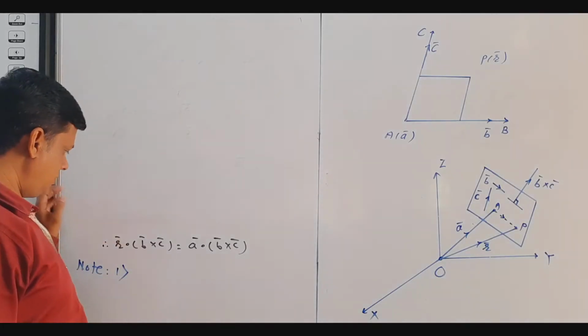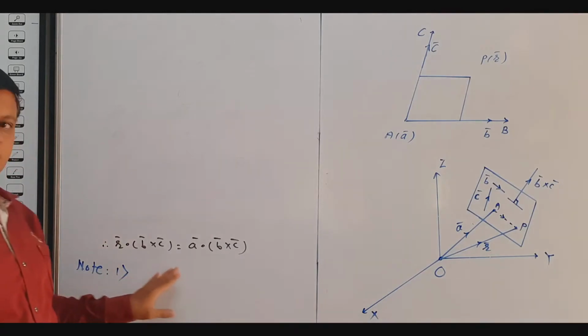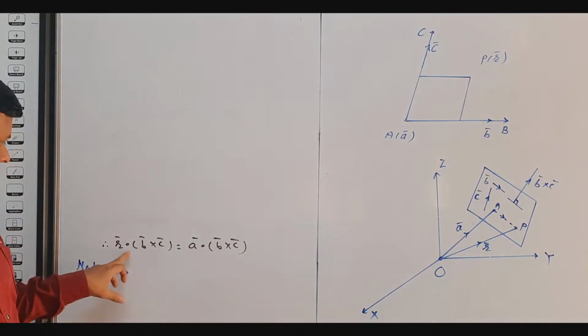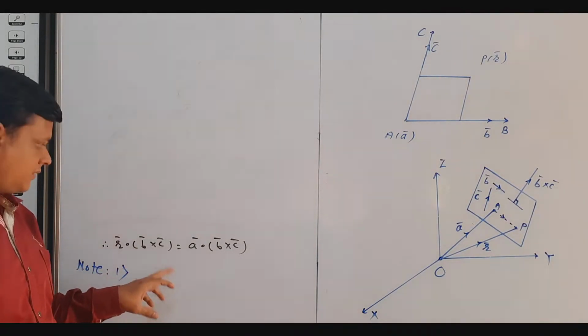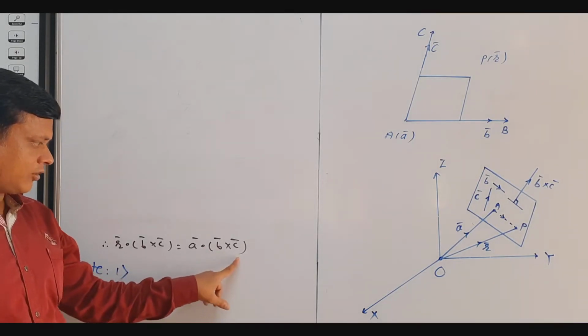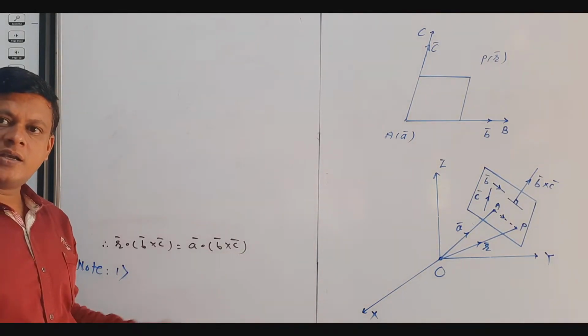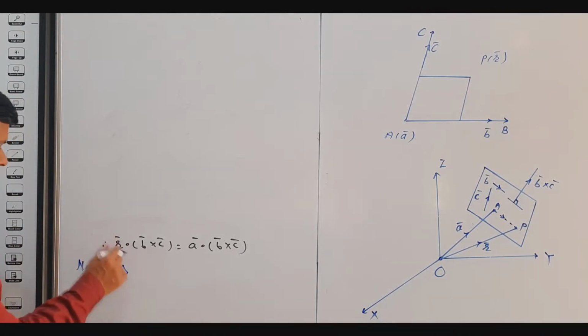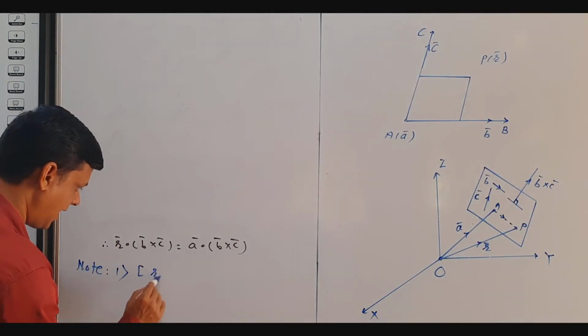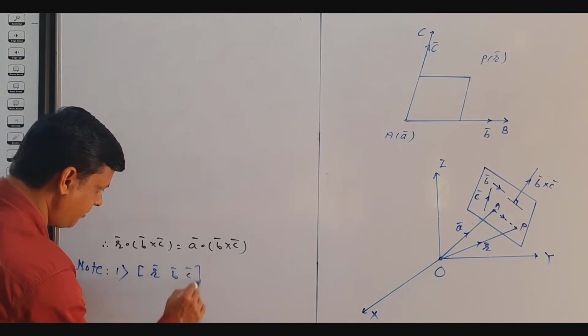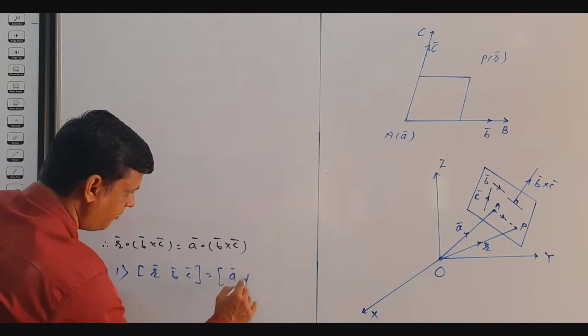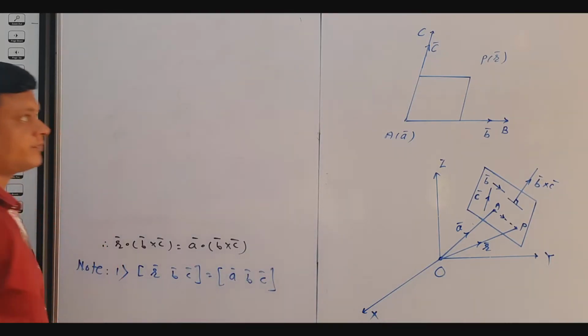So we write some note from this form. This R bar dot B bar cross C bar and this A bar dot B bar cross C bar is scalar triple product. So we write this in box product form: R bar B bar C bar is equal to A bar B bar C bar.